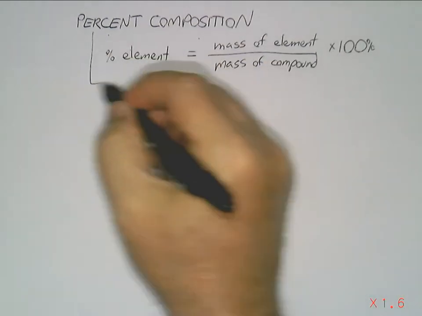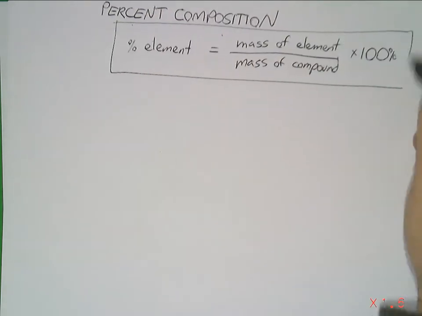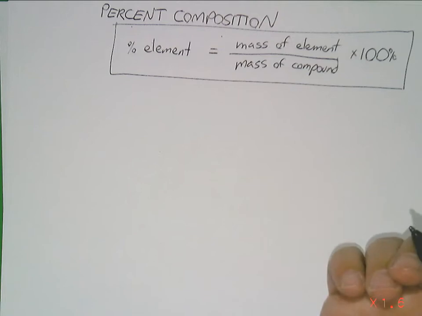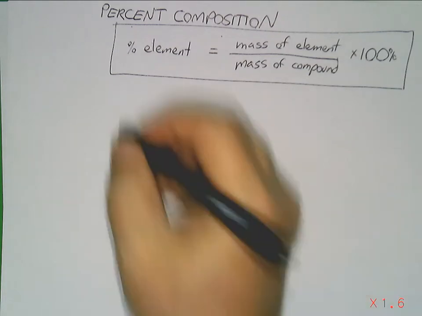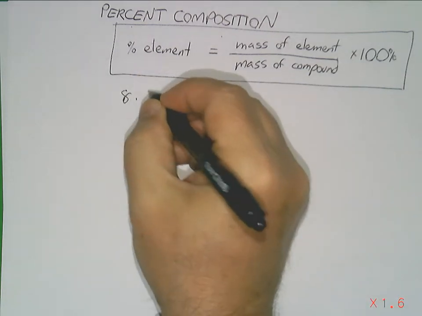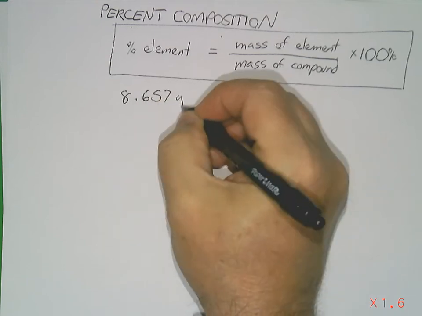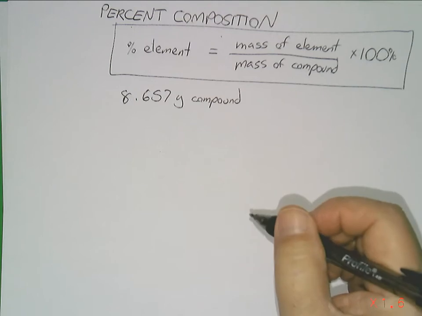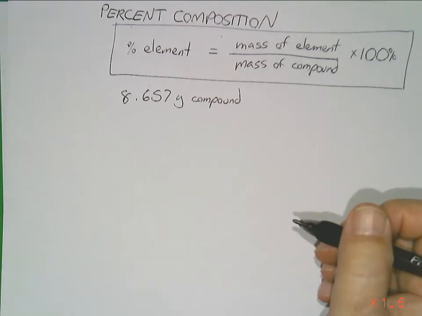Let's put a box around this. This is worth remembering. Now suppose I've got some compound. Suppose I have 8.657 grams of compound, and I decompose it into its elements.